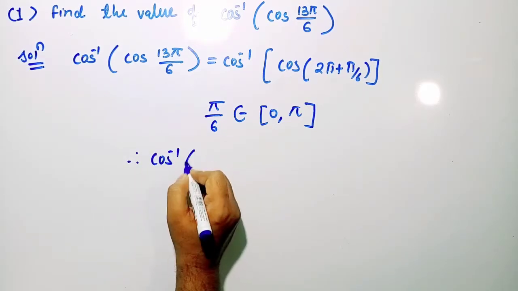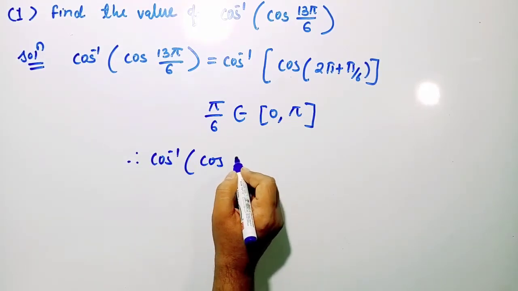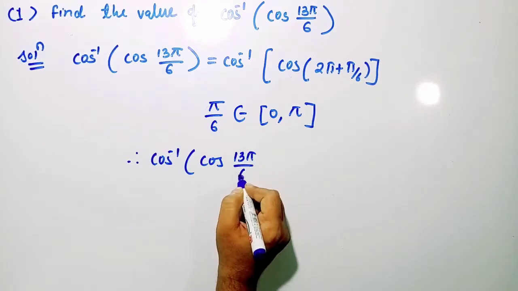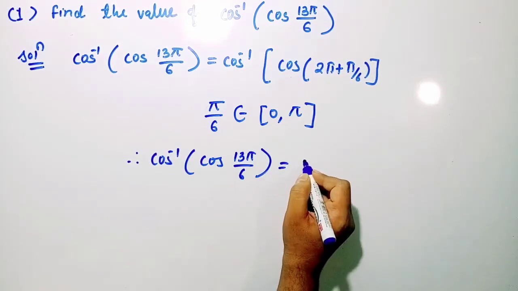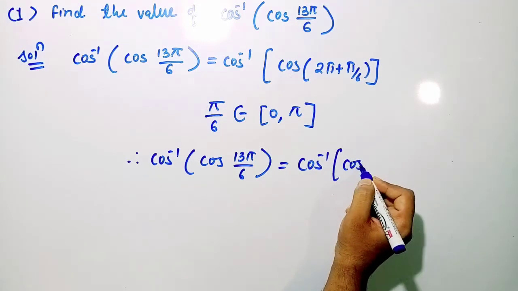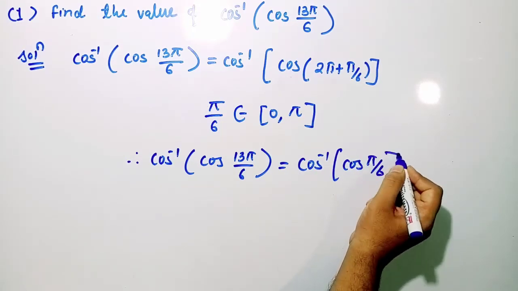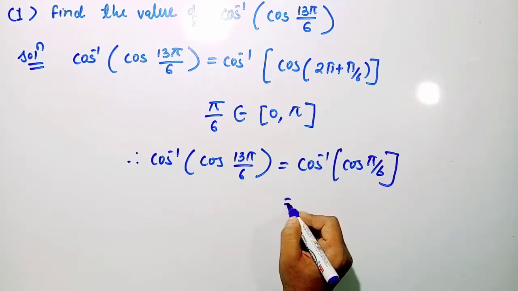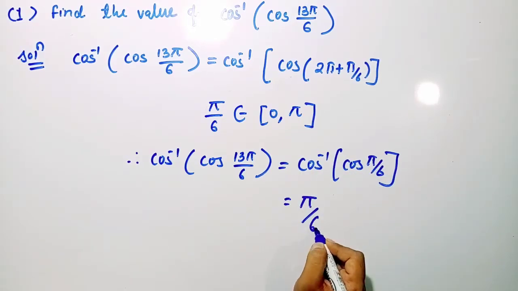So cos inverse cos pi by 6, cos will be cancelled, so we are getting pi by 6, right students? Now moving to the next question.